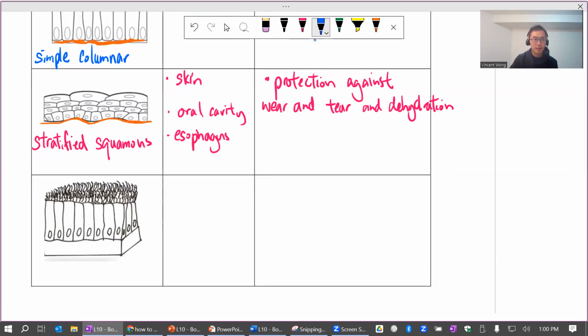Okay, last one. What about this hairy looking thing? What is this? You can see the individual rectangles, so that's not the pseudo kind. Just ciliated. Okay, so you'll find it in, again, airways, reproductive tract.